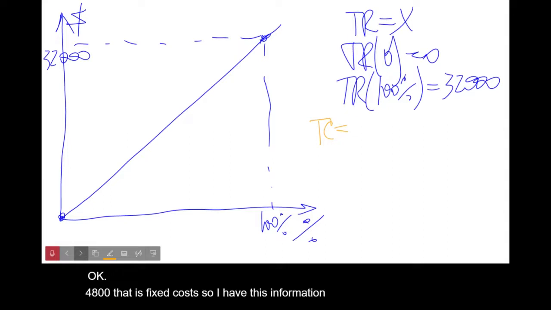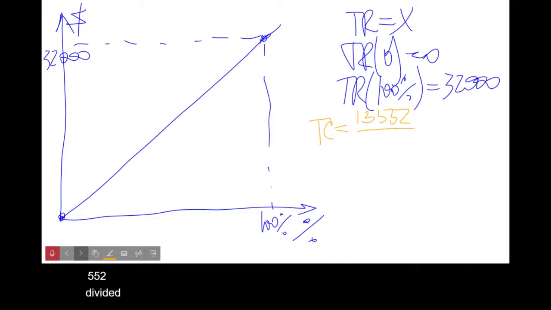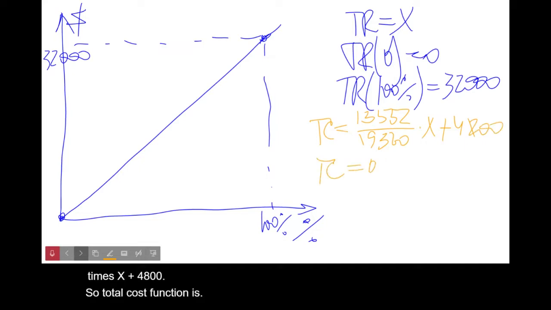So 13,552 divided by 19,360 times X plus 4,800. So total cost function is 0.7 X plus 4,800.